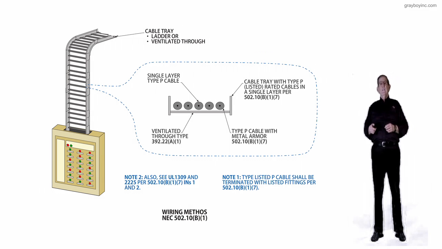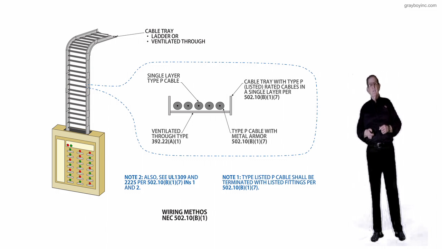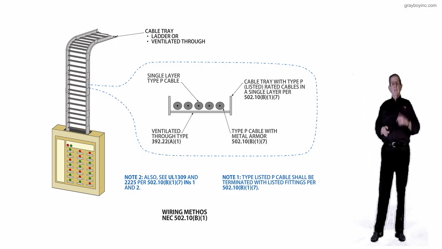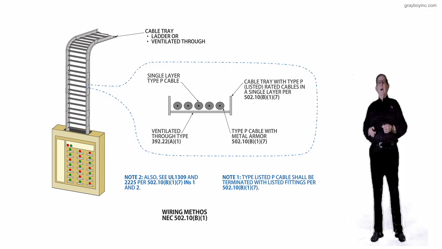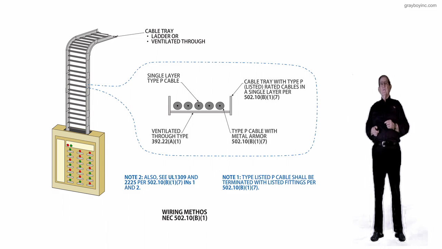And then notice if we drop down right below the equipment to the left of the illustration, we are using a TC-ER-HL cable rated at 600 volts or less, as talked about in 502.10(B)(1), item number 6.